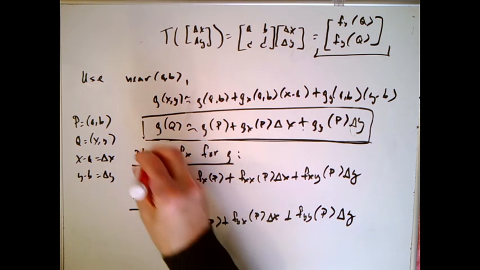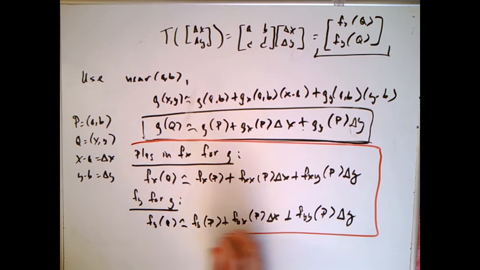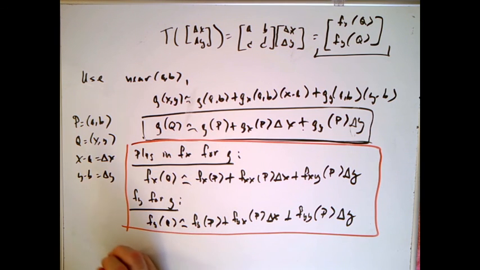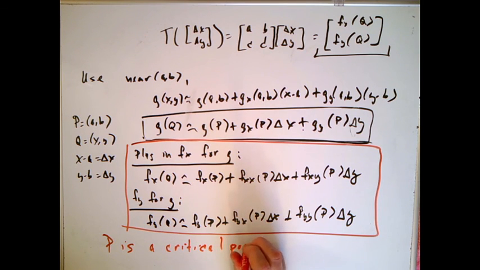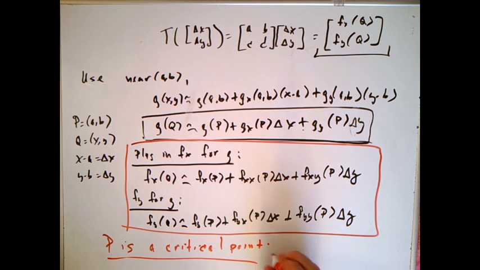However, remember that all of this conversation starts with saying P is a critical point. And since we want to use the second derivative test, it cannot be a critical point where the derivatives were not defined. It had to be a place where the partial derivatives were 0. In other words, saying that p is a critical point and that there are second derivatives involved is the same thing as saying f_x at p had to be 0.